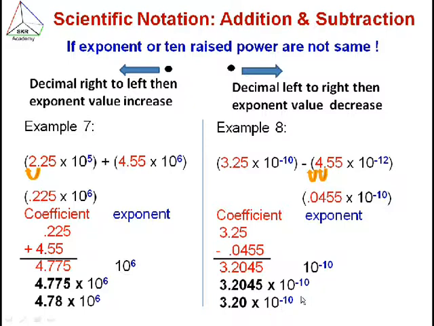So here we have seen how we add or subtract scientific notation values if the powers of 10 are the same or different. I hope you understand and enjoyed this one, and we'll see more in other videos.